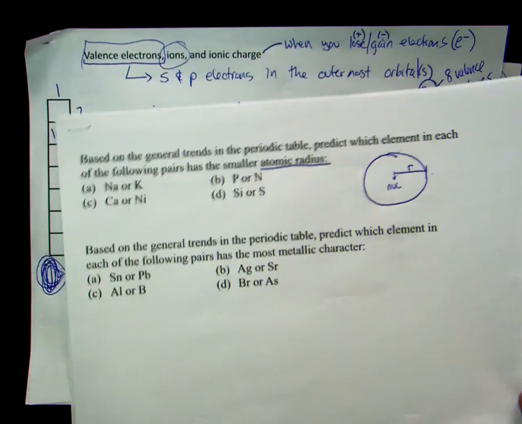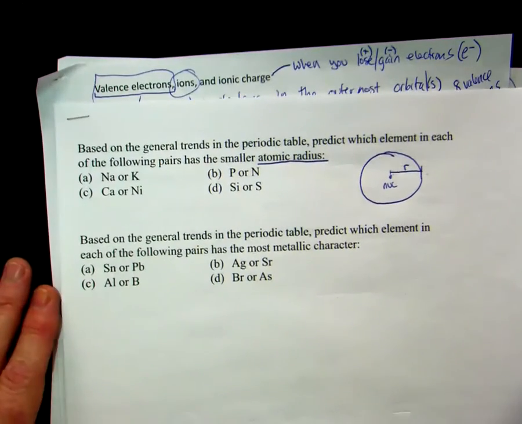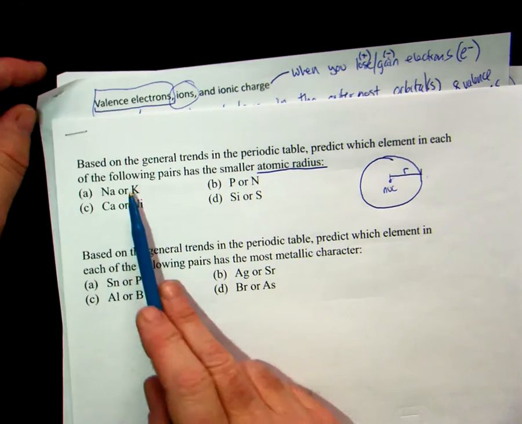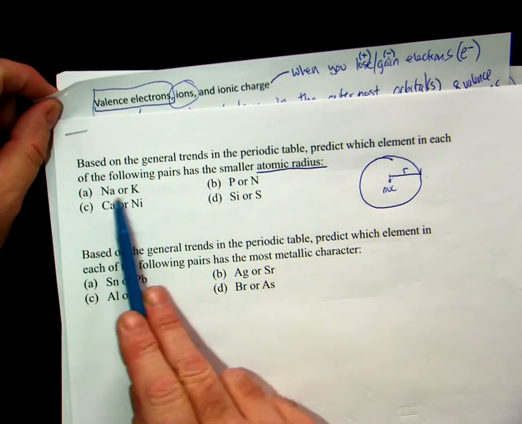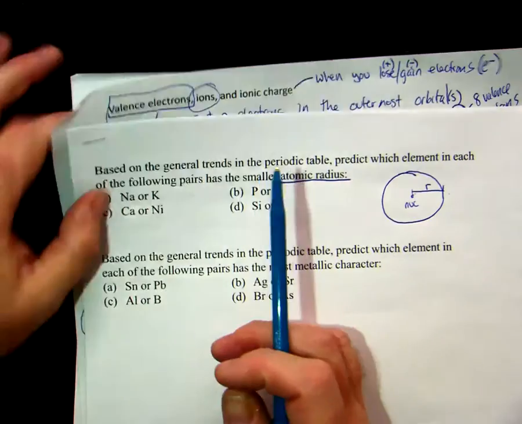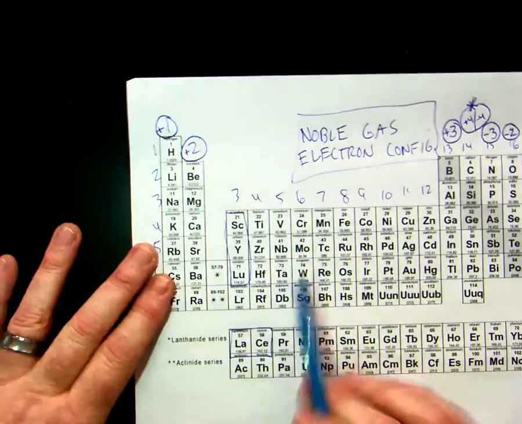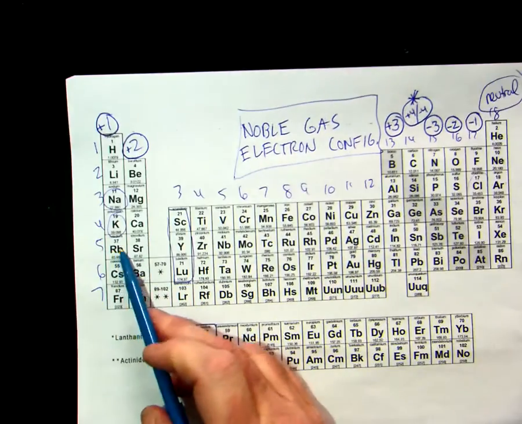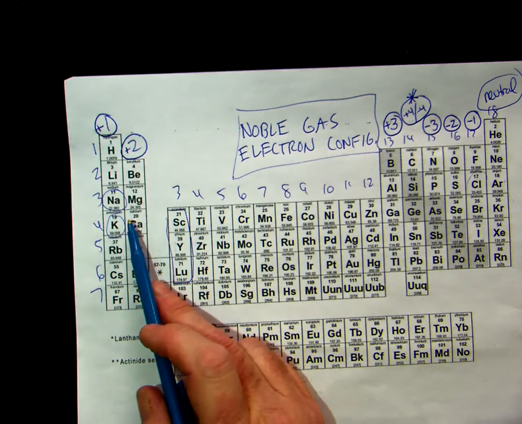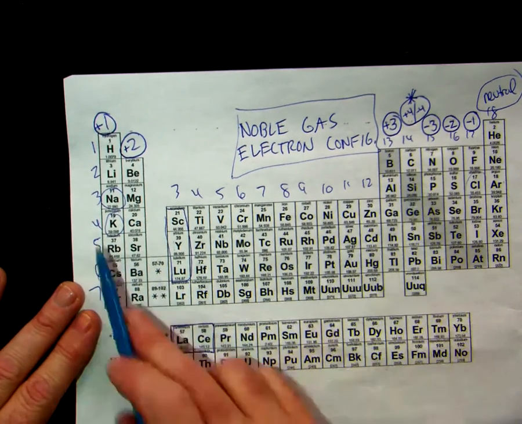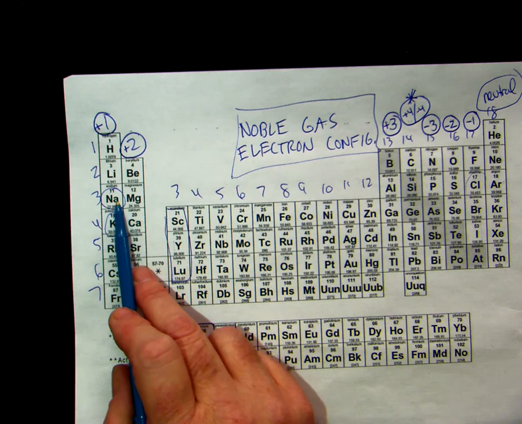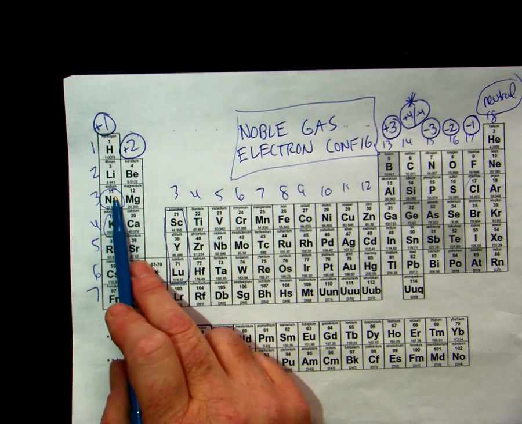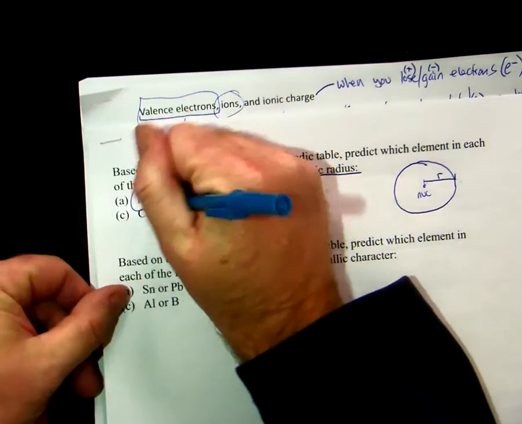So when you look at this and it says which one is smaller, sodium or potassium, you look at the periodic table and you say, okay, here's potassium, here's sodium. If you're up or to the right, you're smaller. So which one's smaller? The one that's more up or to the right, right? So sodium's smaller.